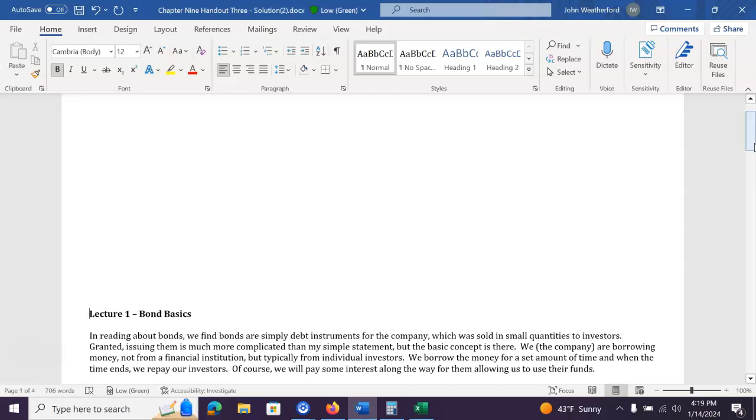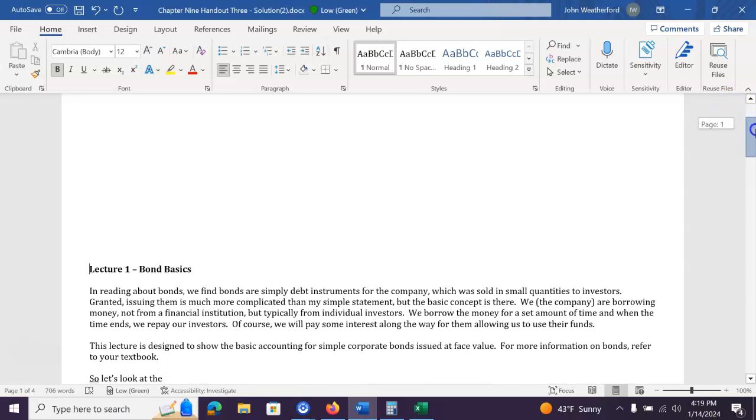The company is borrowing money, but rather than from a financial institution, it's coming from individual investors. They borrow the money for a set amount of time, and when the time period ends, they repay the face amount. Of course, we'll pay some interest along the way, and that's usually paid every 6 months.